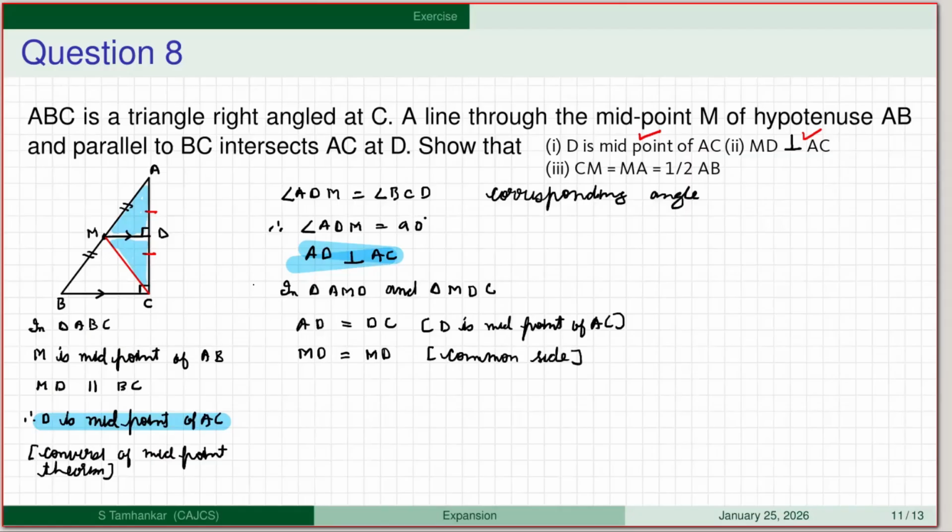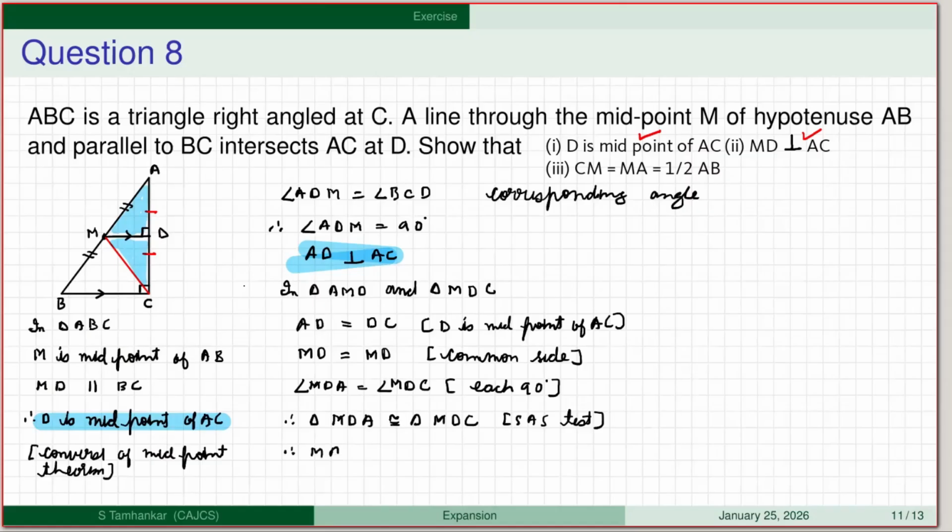And the next thing we have is angle MDA equal to angle MDC, that is, each is 90 degrees. So therefore we have triangle MDA congruent to triangle MDC by the SAS test.